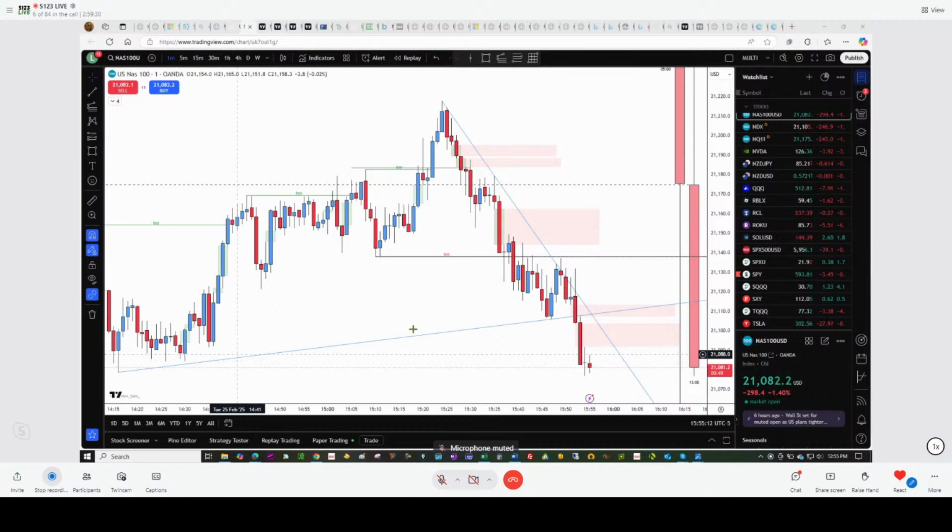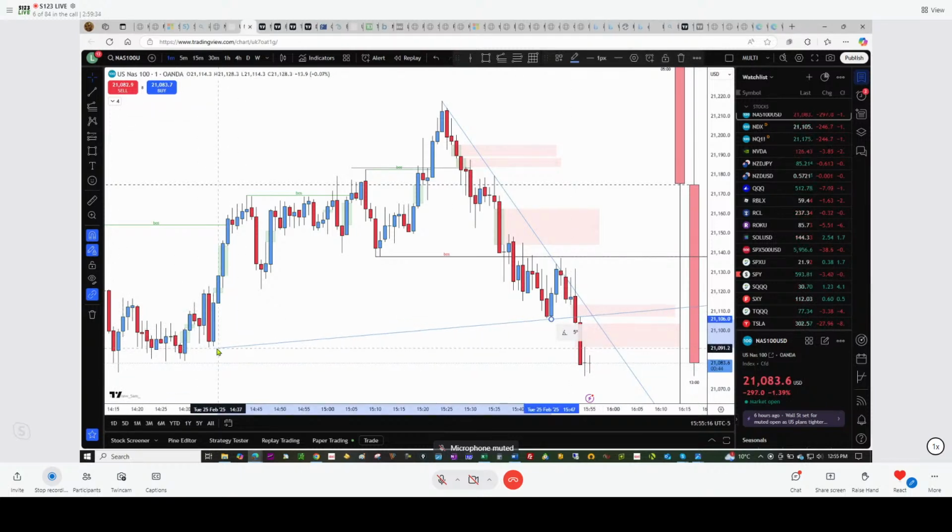So I've got a trend line here, which would be this one actually, right? This one looks above, this one looks flat. You can see how price respected that resistance line all the way down.